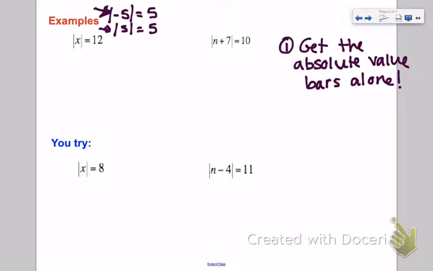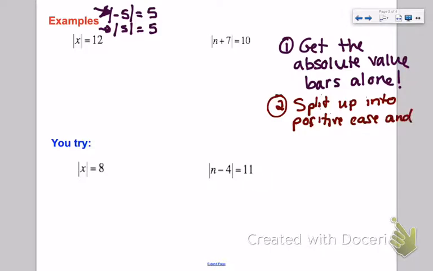Let's move on to step 2, which is to split up into our positive case and a negative case, because we had positive 5 and negative 5. So what we're going to do is split this up. This side will be my positive case, and this side will be my negative case.